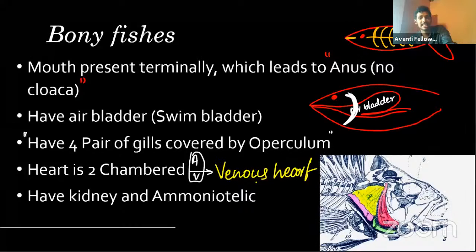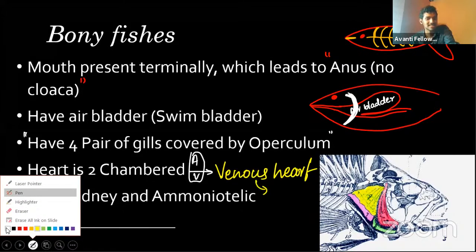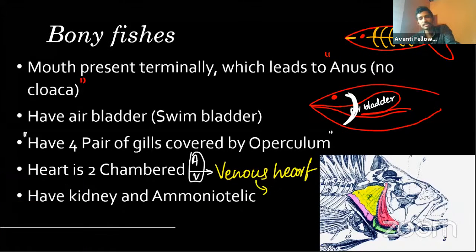Look, venous is not Venus. Here it means that the heart is filled with deoxygenated blood. So the heart which is filled with deoxygenated blood is called venous.